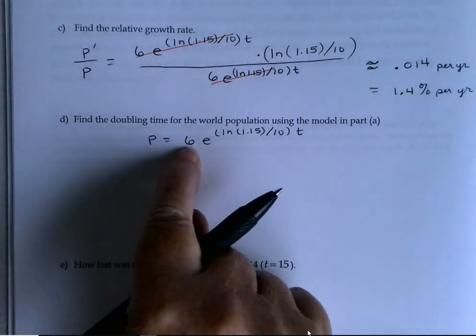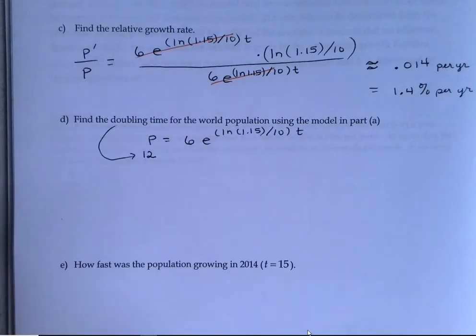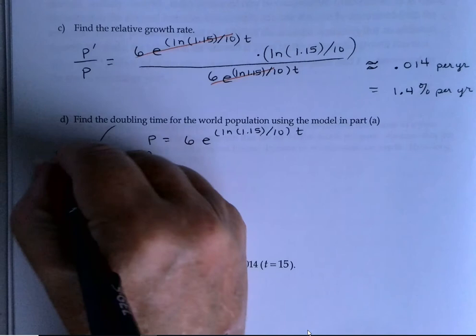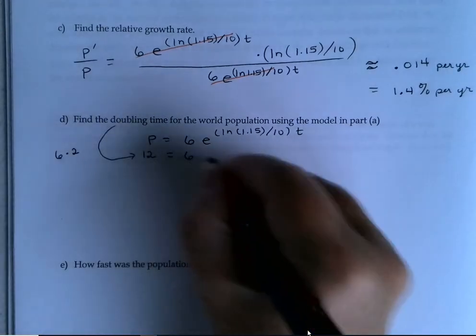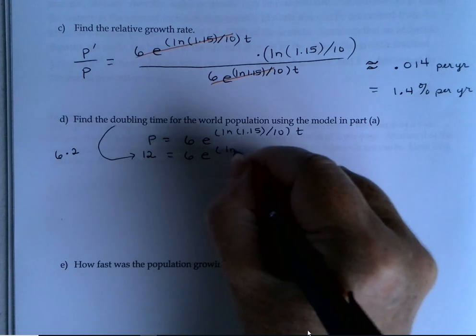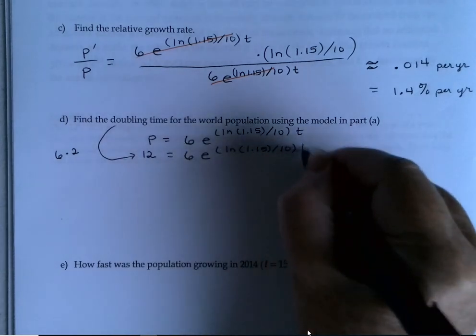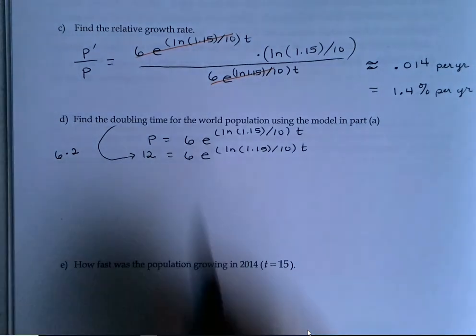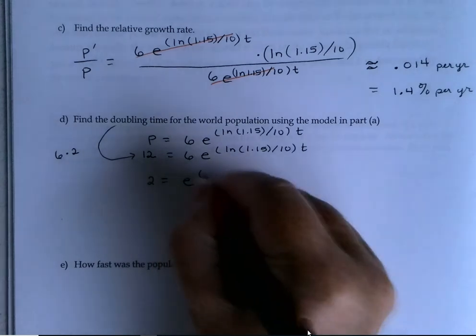Since my initial population was 6, doubling is going to be 12. So let's see, we'll divide both sides by 6 and get 2 equals this exponential.